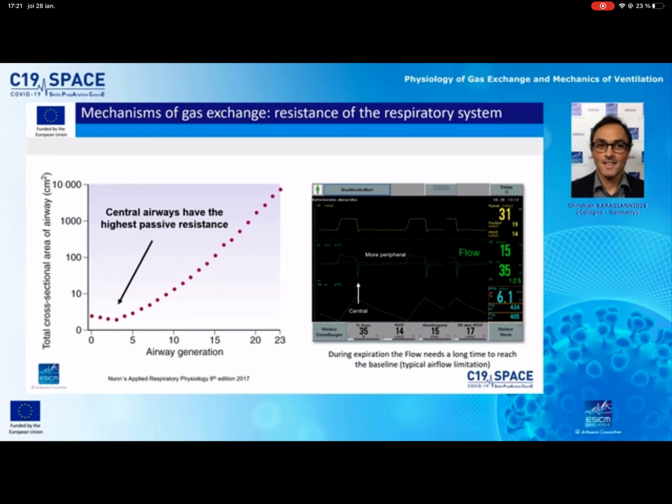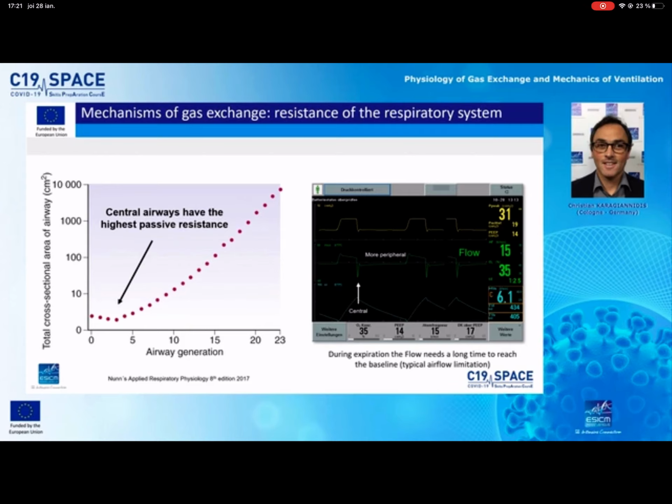Although the central airways, trachea and the main bronchi, have the largest diameter in our airways, they have the highest passive resistance since the cross-sectional area is much wider in the terminal bronchioli and alveoli. So please keep in mind that if we talk about central airflow obstruction, we usually talk about the main bronchi and the trachea and not about the peripheral airway or alveoli.